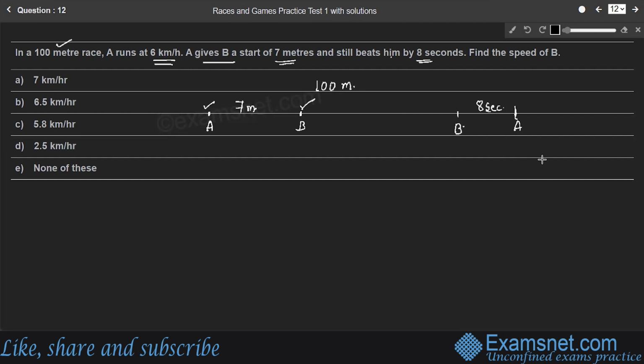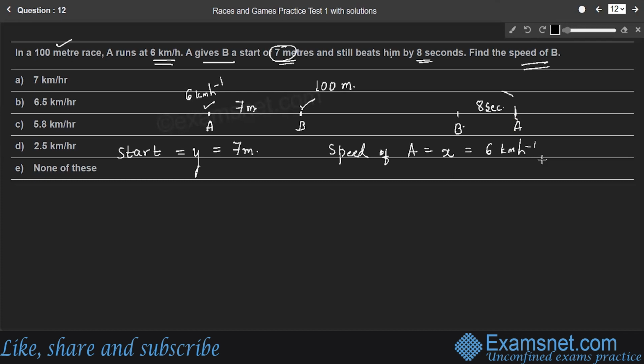So for that, before going to speed of B, we will consider some parameters, right? Here students, A has given a start of 7 meters to B, right? Here the parameter start is considered as Y. We'll consider Y as the start given, which is 7 meters, right? And what about speed of A, which is 6 kilometer per hour, right? So speed of A we will consider as X, which is equal to 6 kilometer per hour, right?